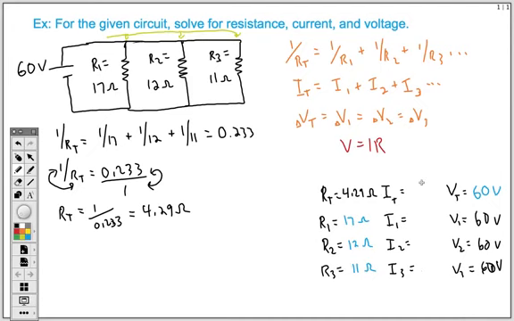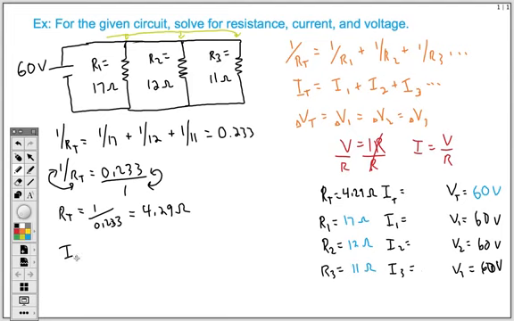Since all we have is current left, I'm going to rearrange Ohm's law just to solve for current. So I'll show you how we can do that. To get I by itself, we divide by R. So my R's go away. So my current is equal to the voltage divided by the resistance. So let's go ahead and use that version.